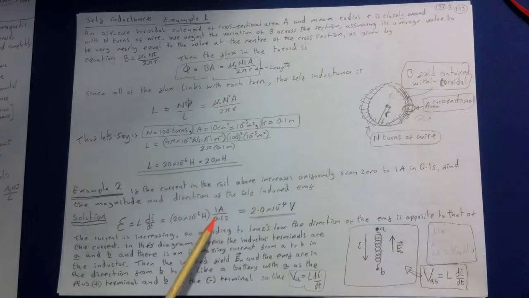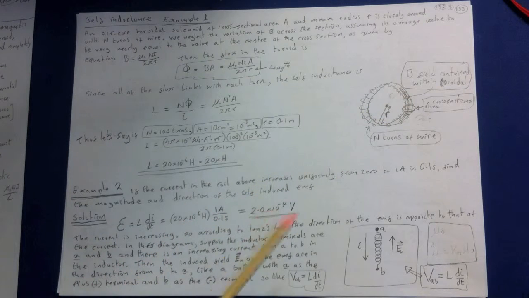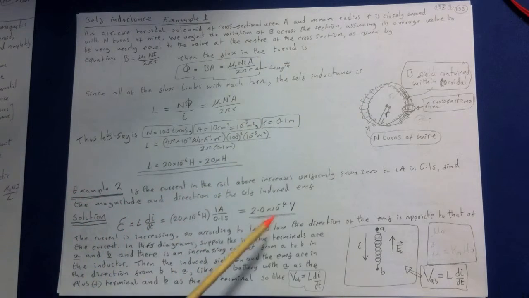Plugging those values in, the back EMF opposing the current in that coil is 2 times 10 to the minus 4 volts, or 20 millivolts. That is the amount of resistance to the current flow offered by the back EMF.